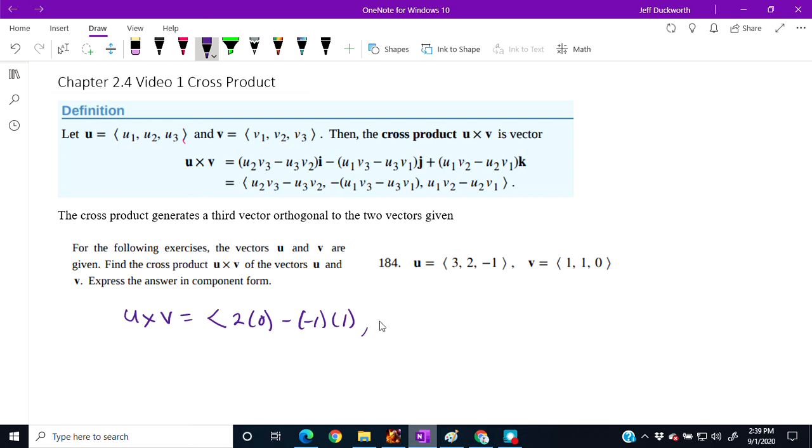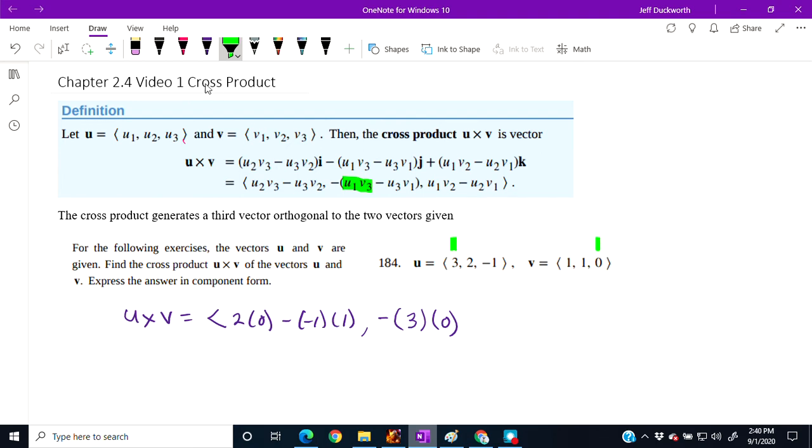Now the next part, the middle part, is we're going to subtract, and we're taking U1 V3. So again, U1 V3 would be the 3 and the 0.